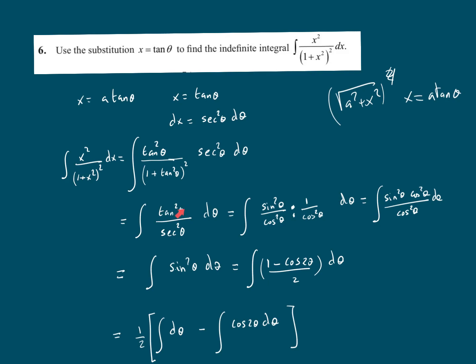So it will be tangent square of theta divided by secant square of theta. Tangent square is sine square divided by cosine square. Divided by secant square of theta, that is 1 divided by cosine square of theta. The cosine square will disappear and only the sine square of theta will appear.